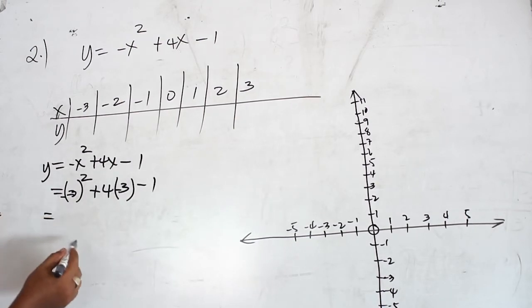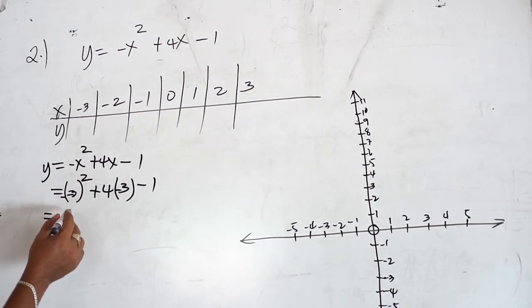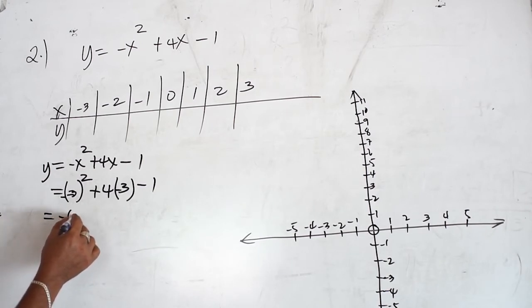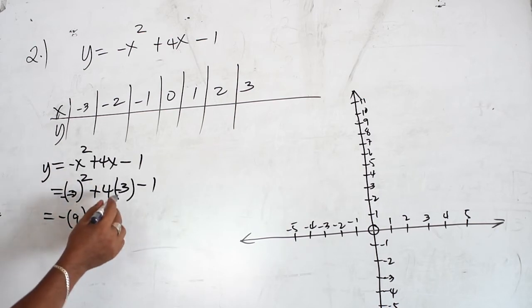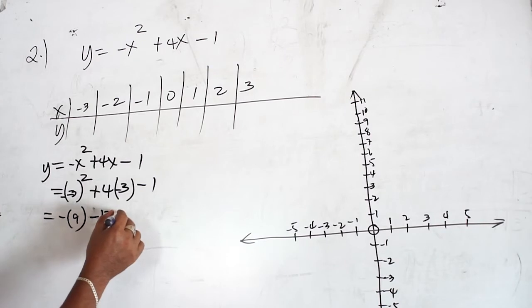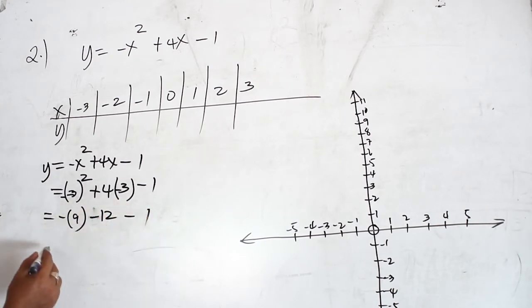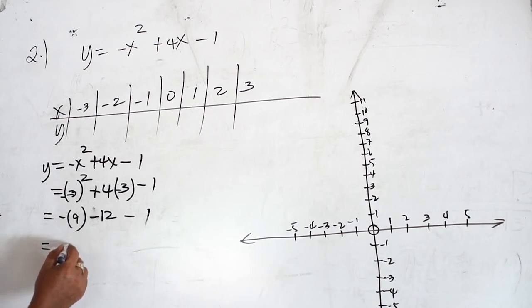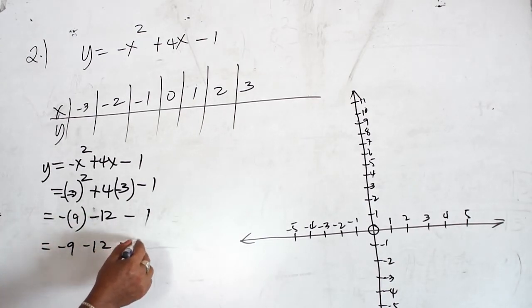Okay, so the square of negative 3 is positive 9. Then 4 times negative 3 is negative 12. Then we have negative 1. Multiplying positive times negative, the result is negative 9. So we have negative 9, negative 12, then negative 1.